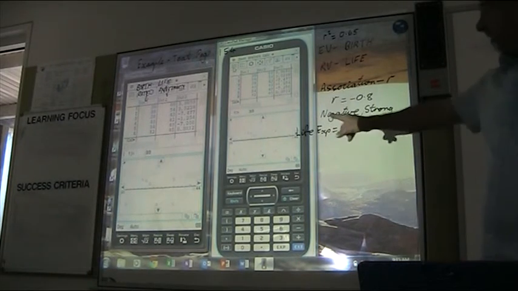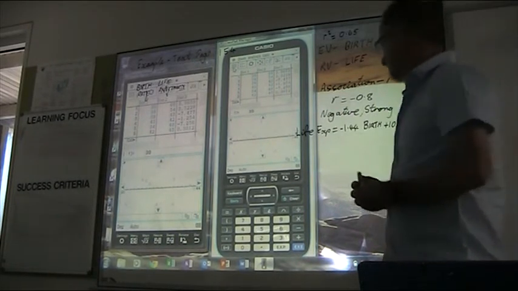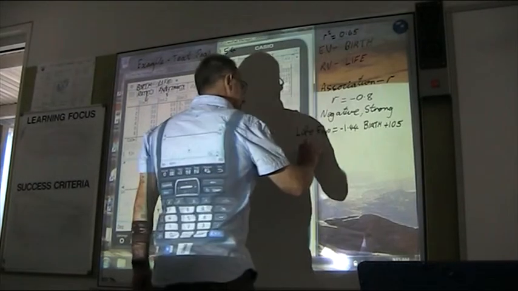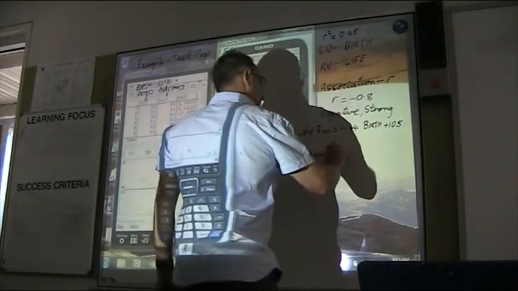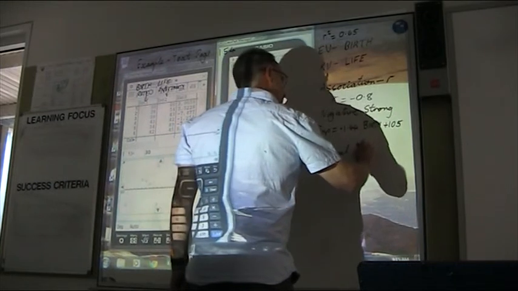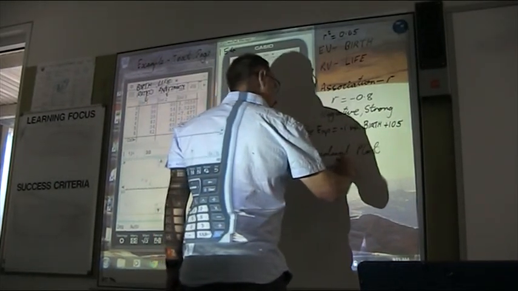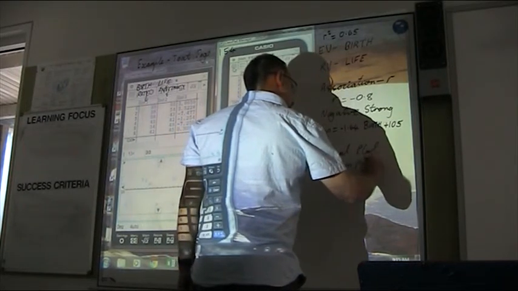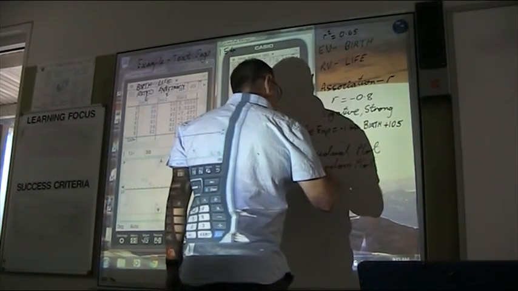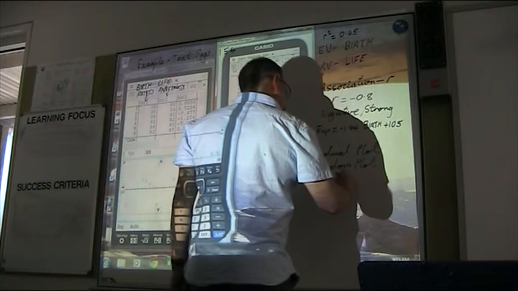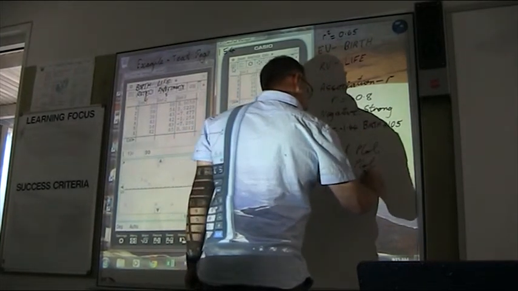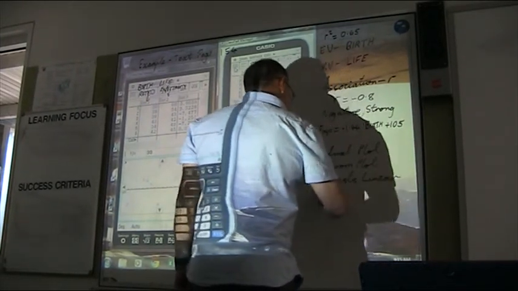So in this particular one, as I said, for the residuals, the residual plot, a random plot, suggests linear relationship.